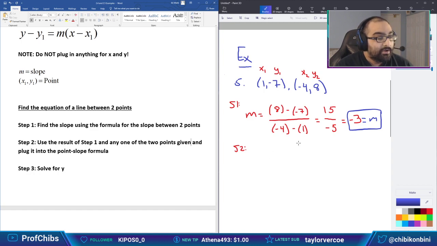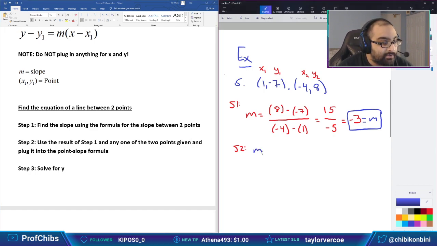You can use 1 comma -7, or you can use -4 comma 8. It doesn't matter which point you use. You will end up with the same answer no matter which point you use. The point I like to use is the one I've already labeled x1 and y1. That's my preference because there are already 2 numbers defined as x1 and y1, so I'm just going to use it straight away.